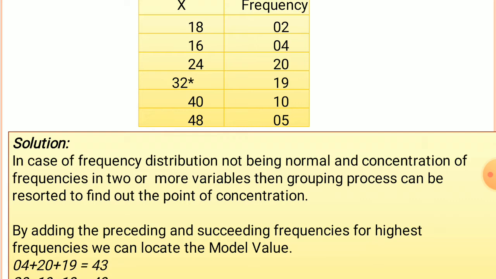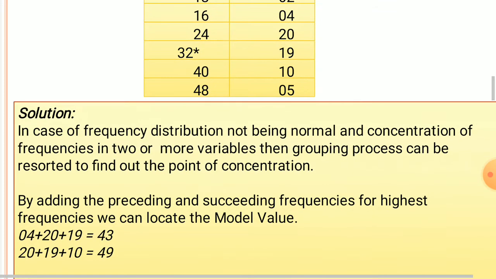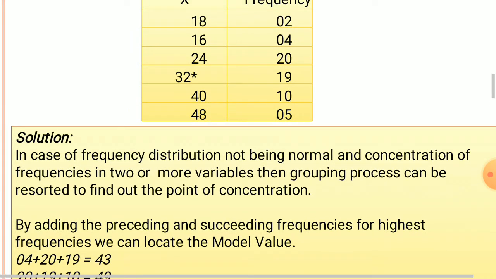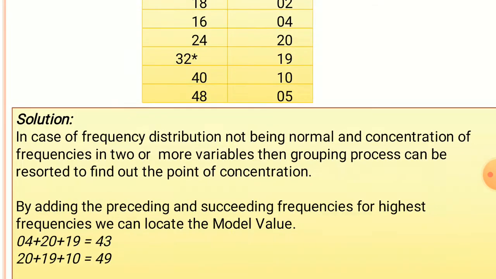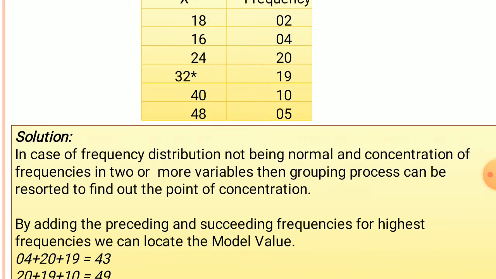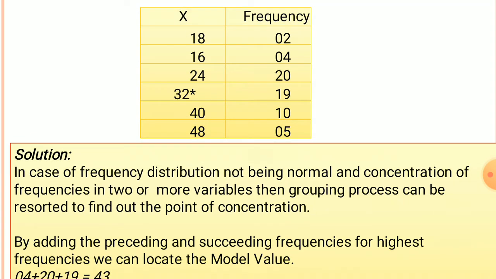So here 4 + 20 + 19, and 10 + 19 + 20, and 20 + 19 + 10. By adding the preceding and succeeding frequencies for the highest, 4 + 20 + 19.